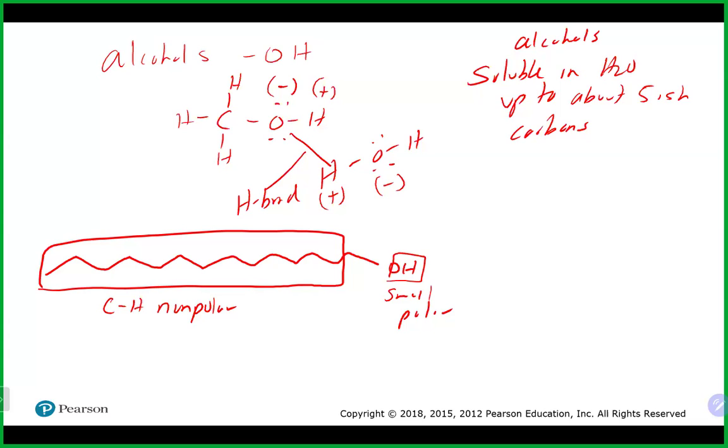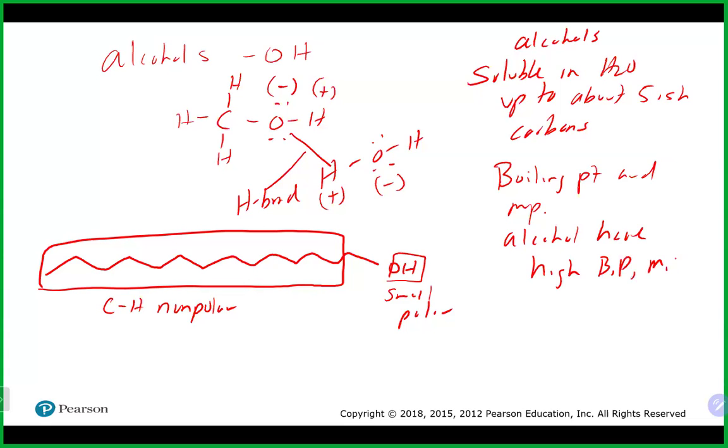The other effect that alcohols have is that they are kind of the winner in terms of boiling points and melting points. Alcohols have high boiling points and melting points, and that's because of their ability to hydrogen bond with themselves.